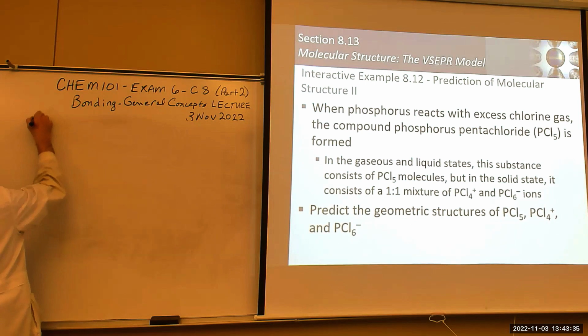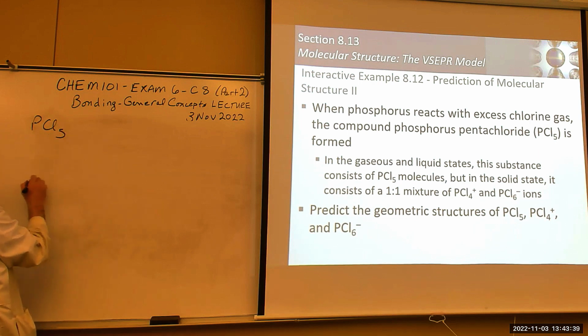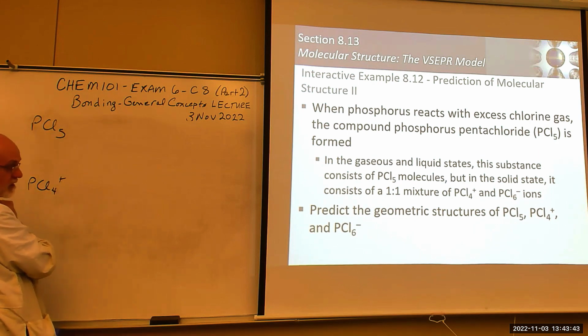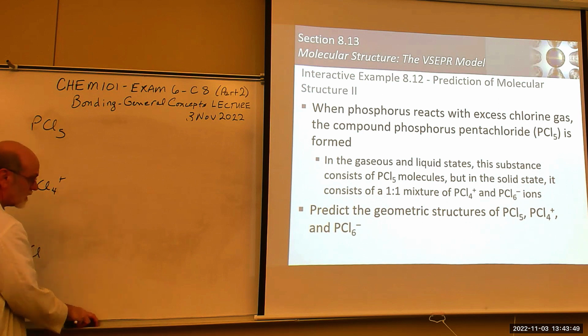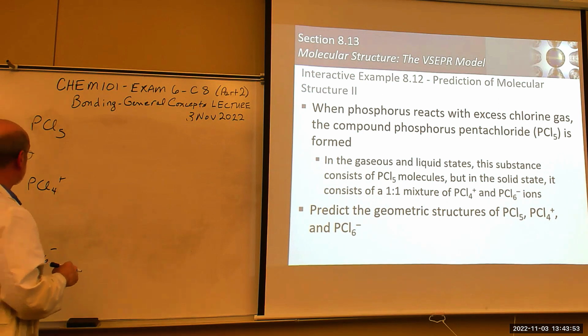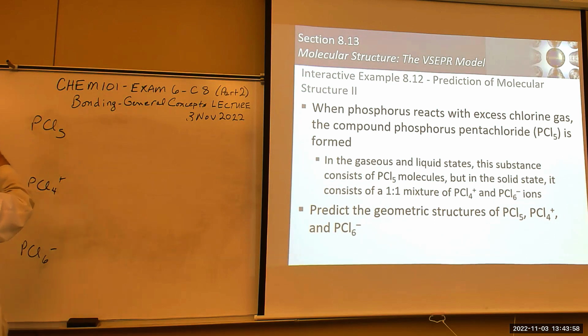Let's see. PCl5, PCl4 plus, and PCl6 minus. Okay. Phosphorus has five electrons in the valence shell for each one.